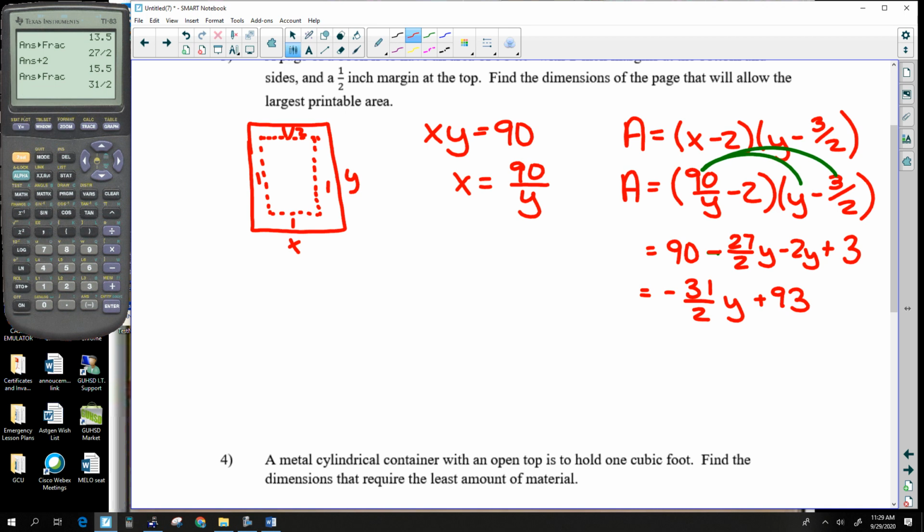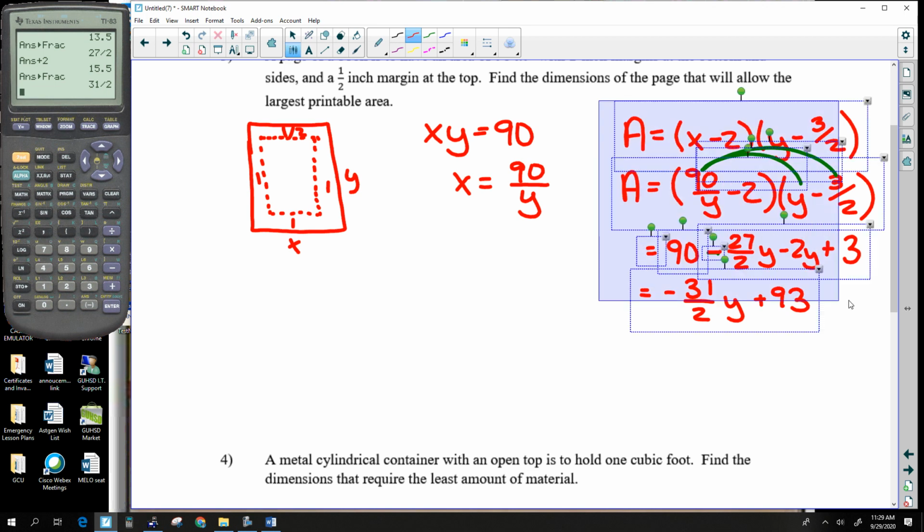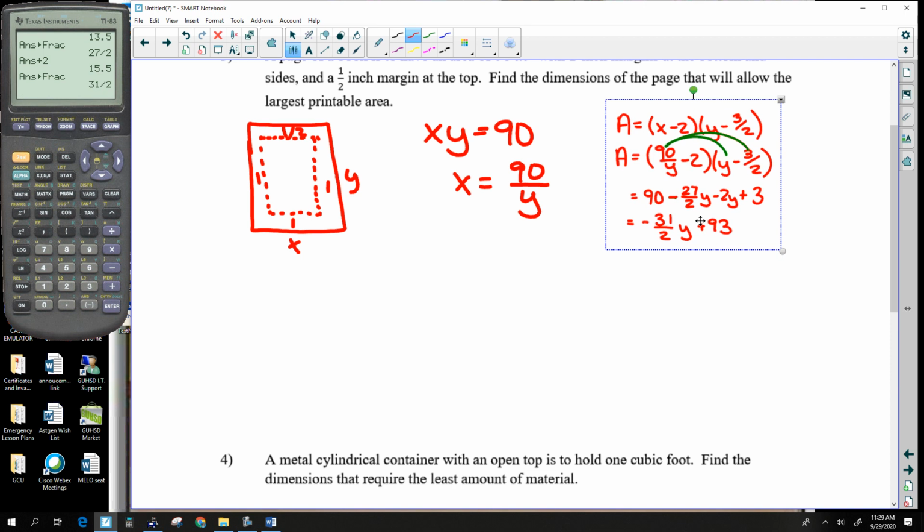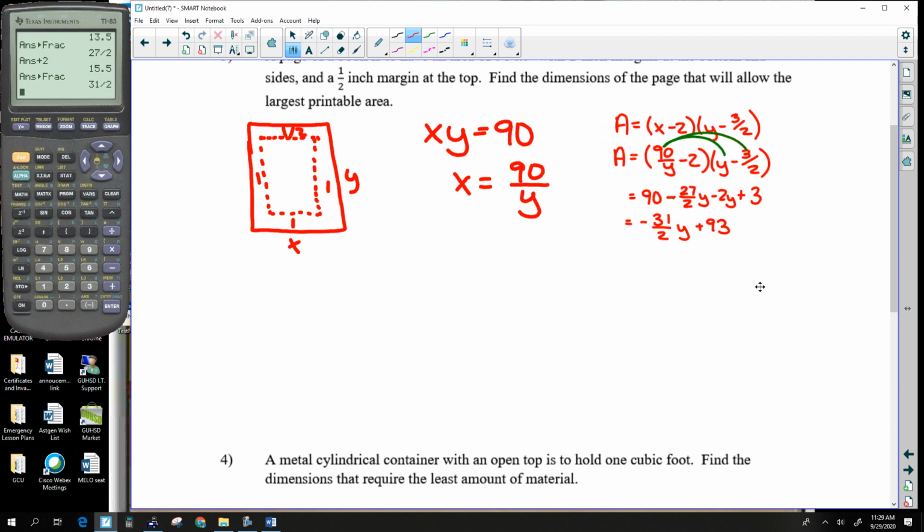All right. So that's just the area, though. So don't get super excited. We figured out the area. Again, I feel like I'm doing something wrong, so let me consult my answer key here real quick.